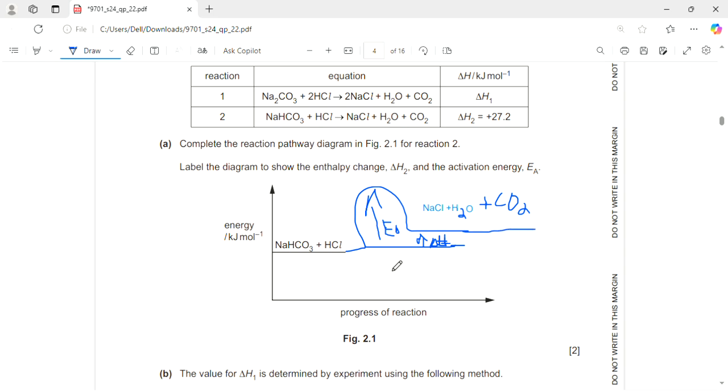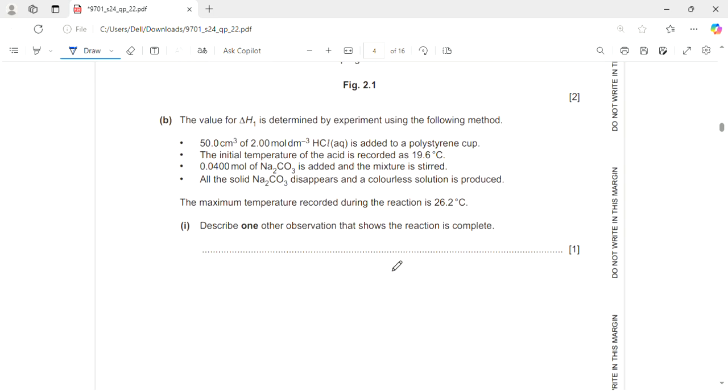Here we complete it. So move to the next part of the question 2, part B.